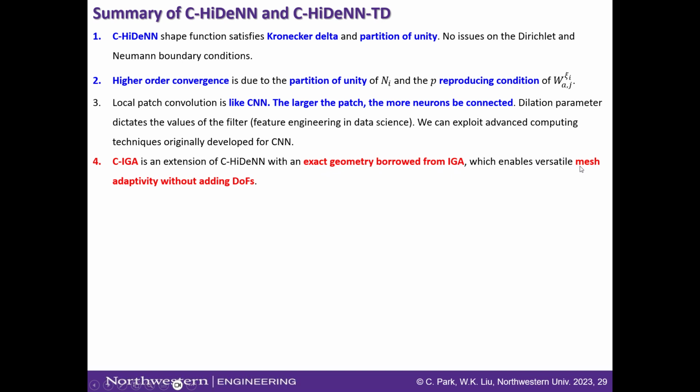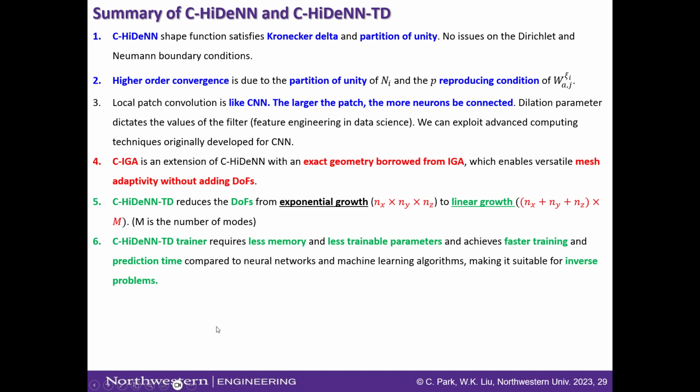And also, we can do versatile mesh adaptivity without adding degrees of freedom. Finally, I introduced the concept of convolution HiDeNN tensor decomposition. And our C-HiDeNN trainer requires less memory, fewer trainable parameters, faster training and prediction time, and is suitable for inverse problems.